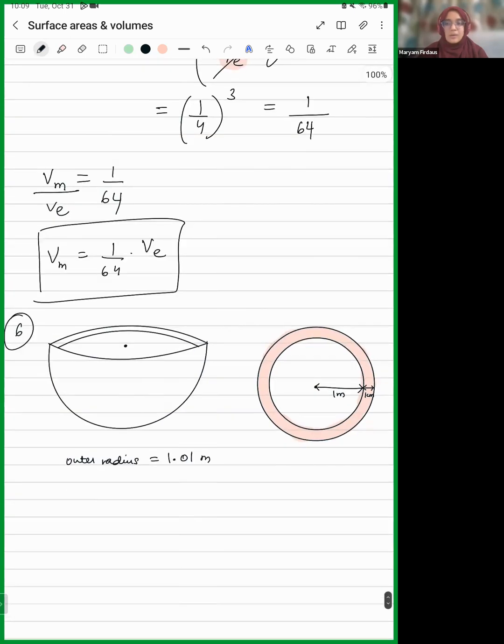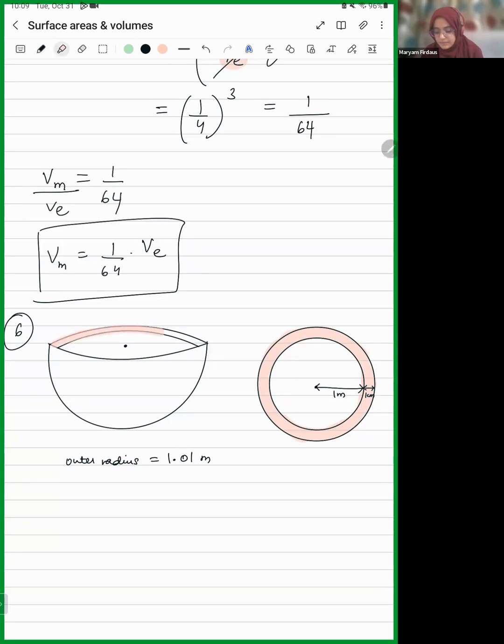Find the volume of the iron required to make the tank. Volume of this iron. Ma'am, CSA. That would be the area though. And volume, how do you find of steel?